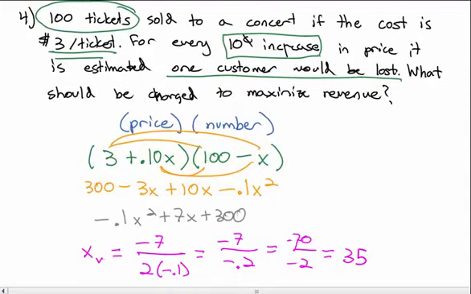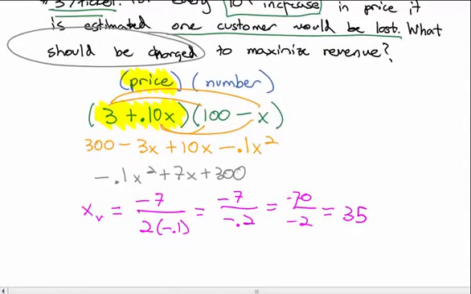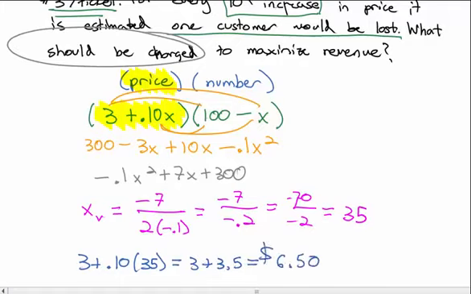The question is asking what should be charged. The question is really looking for the price, which means to get the price we need to look at our price factor, which is 3 plus 0.10x. We just calculated x, so 3 plus 0.10 times 35 increments, and that's going to be 3 plus 3.50, or $6.50.